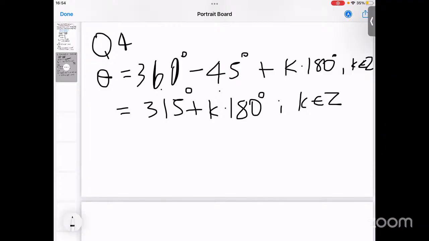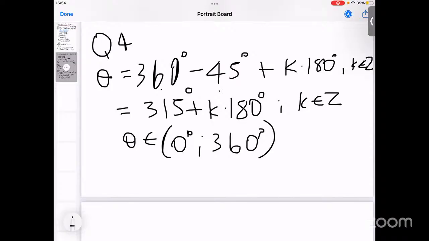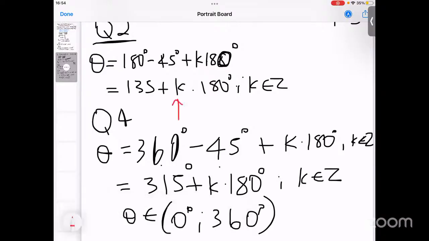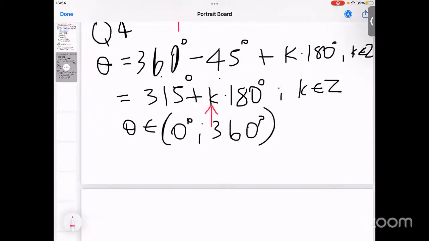It doesn't end here, because remember, they also wanted you to find the angle where this thing falls within this range of 0 degrees and 360 degrees. So we will therefore have to, you remember that table where we need to test with those k values. You can test with -2, maybe -1, 0, 1, and 2. And then for those values that fall within this range, that's when you will say it is those angles.